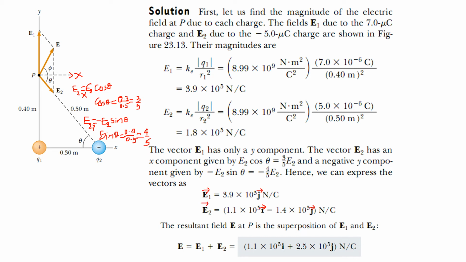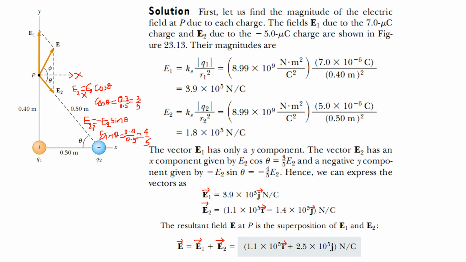And we have seen that the total electric field at point P is equal to the electric field at point P due to charge 1 plus the electric field at point P due to charge 2, which gives, we add x components apart from y components.